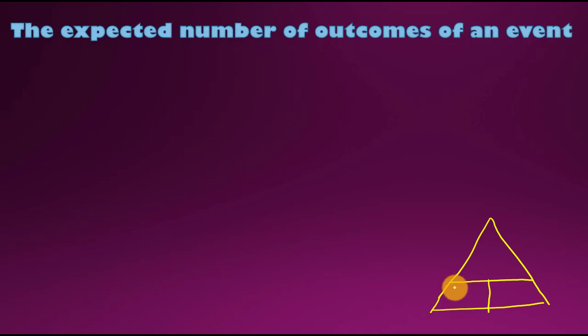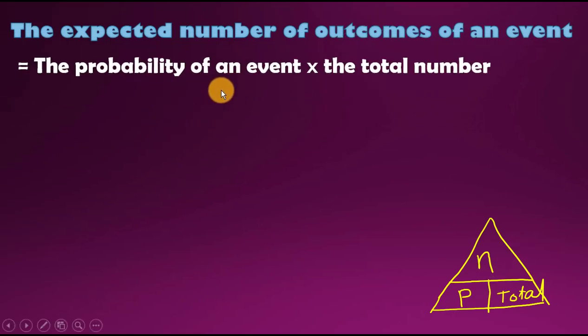Here I write P, the probability, here N, the number, and here the total. Probability equals number of event over total. To evaluate the expected number, it equals probability times total. So this is the rule of the expected number.